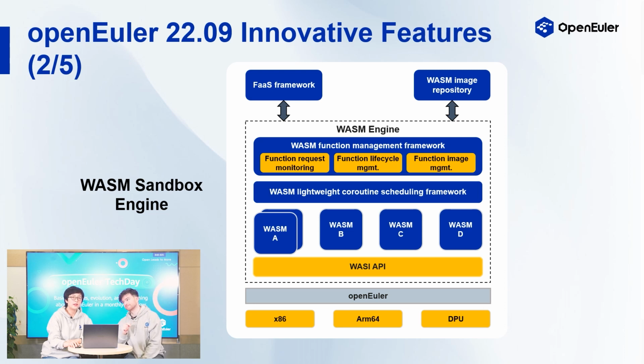Okay, so what are these frameworks? Well, let me tell you. The management framework monitors and processes high concurrency requests and manages local function images and function lifecycles. And what's more, it is even compatible with OCI container images. See. So the other one?